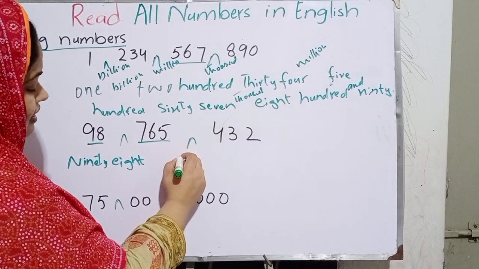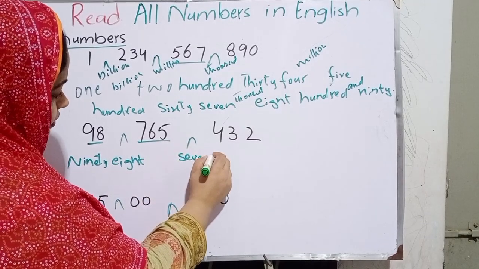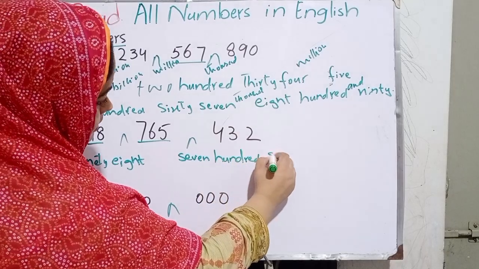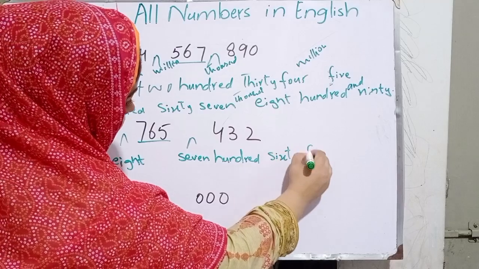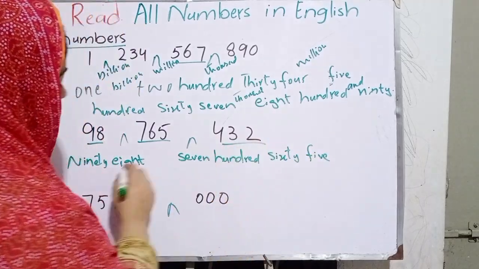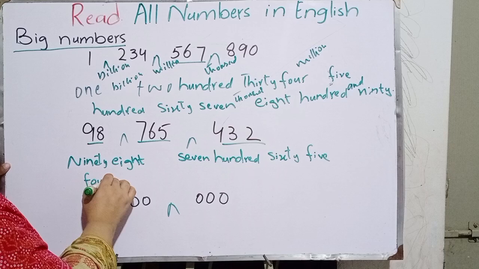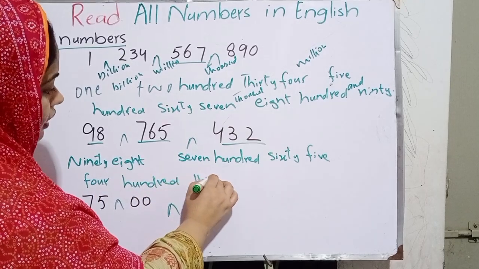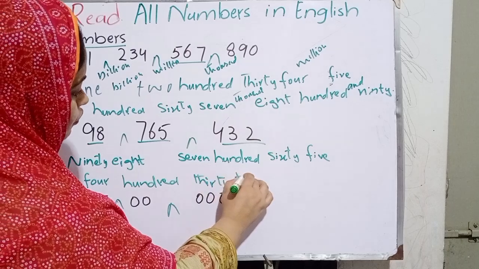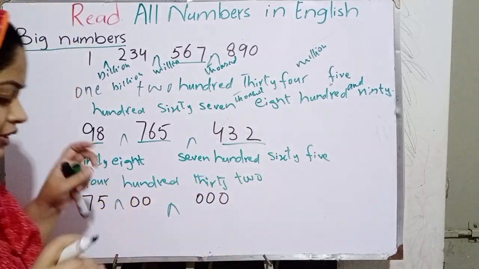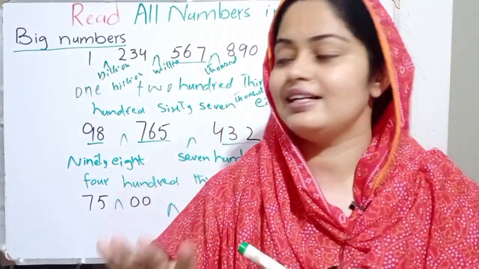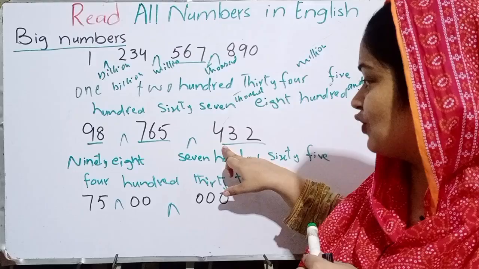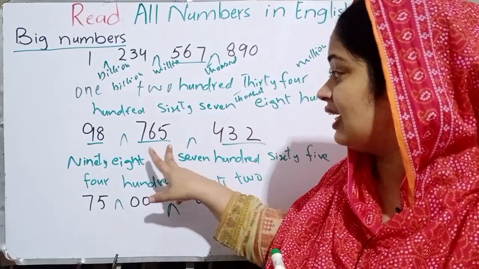The second is 765. The third one is 432. Now there are 2 gaps. You can easily understand this: 98, 765, 432.